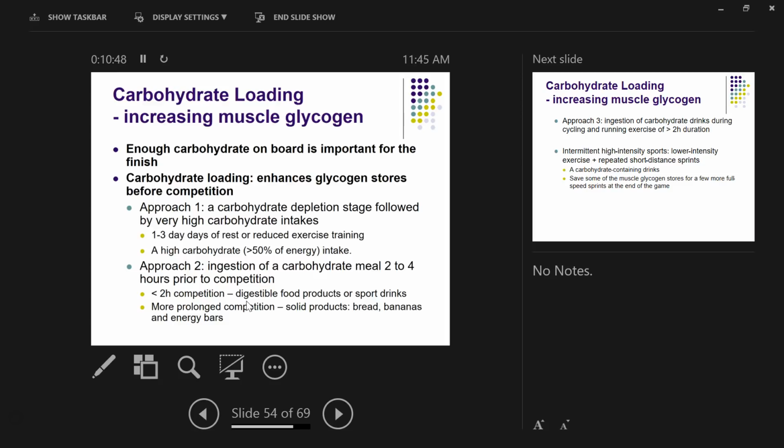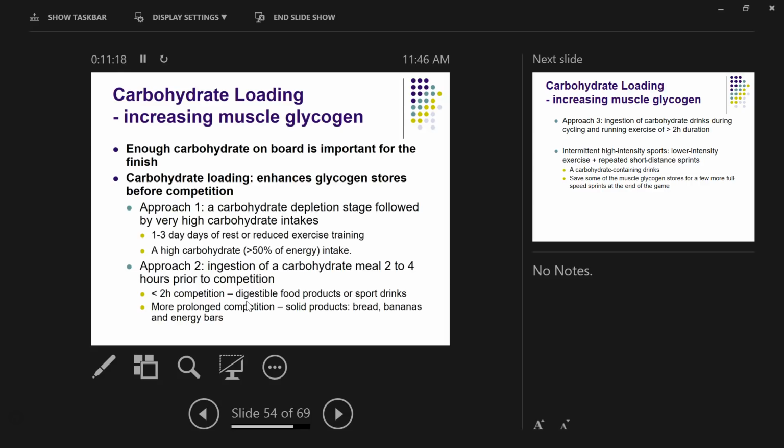And the second approach is to give the carbohydrate meal 2 to 4 hours before competition, before the game, like a couple hours before the game. Then you can give the individual or athlete the carbohydrate diet, depending on the duration of the game or competition.